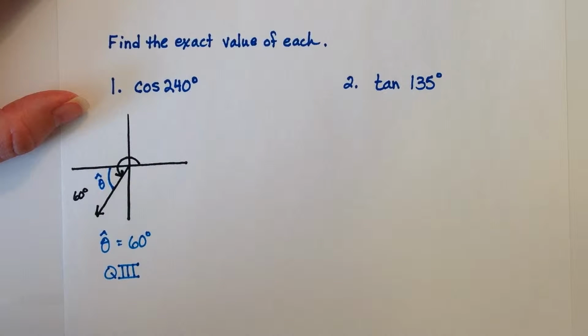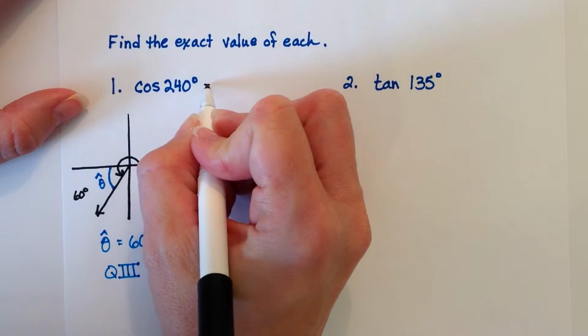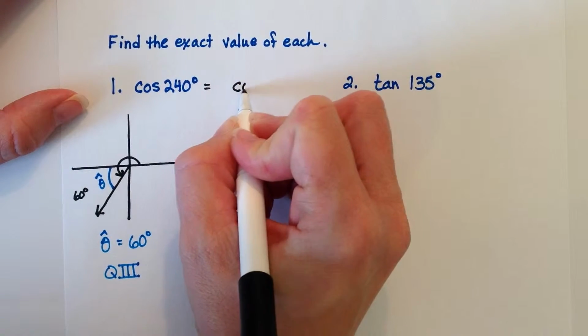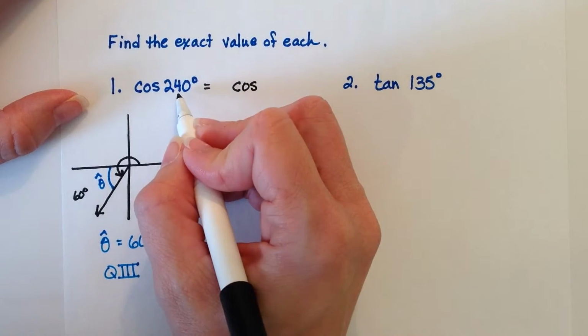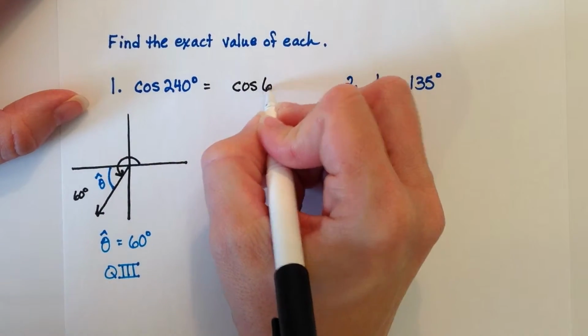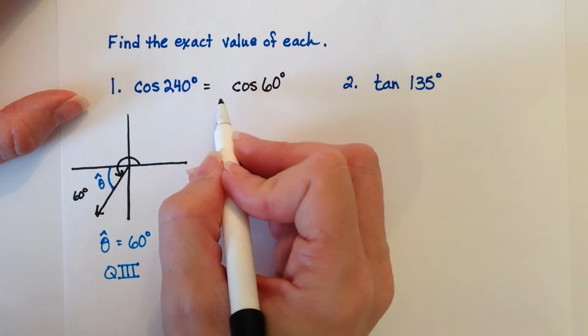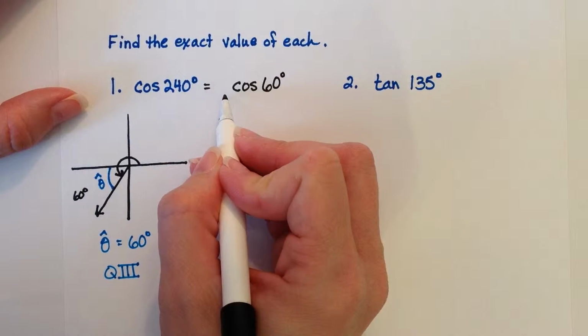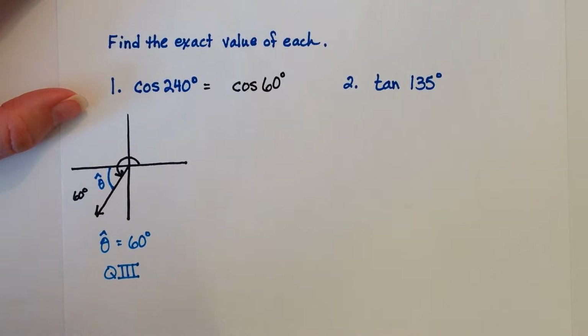Okay, so going back up here to the problem, what we're going to do is rewrite it. You're going to keep the same trig function, and you're going to replace the angle of 240 degrees with the reference angle of 60. Now I left the space here because we've got to determine positive or negative, and that goes back to the statement that I had given you earlier that said perhaps it might differ in sign.